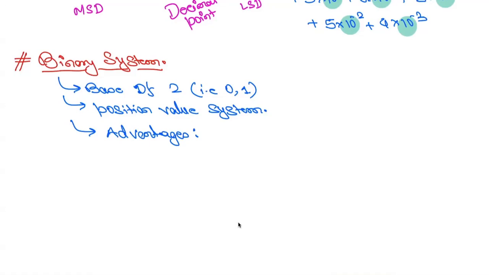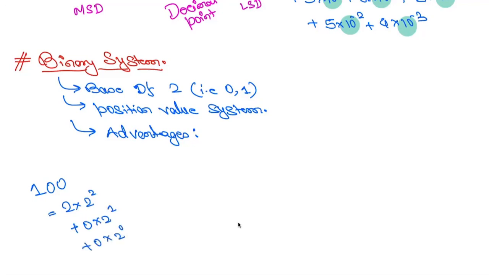Let's see. 1 0 0 1 0 0. It is basically 1 into 2 to the power 5, plus 0 into 2 to the power 4, and so on, down to 0 into 2 to the power 0, right?